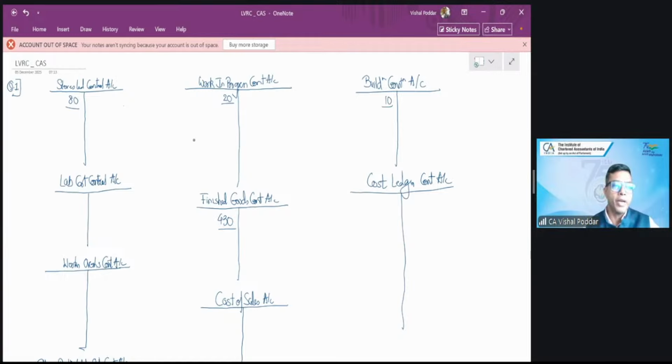So all our debits, I will add them. The total will be the CLC credit balance. Had one of these balances been credit, so debit, add, credit, subtract, the balance would have been the CLC credit balance, right? So 80, 20, 100, 430, and 100 is 530, and then 540. So keep this in mind, students. This is how you will identify the balance in the CLC in case it is not given in the question.